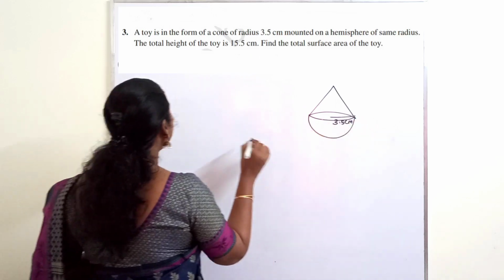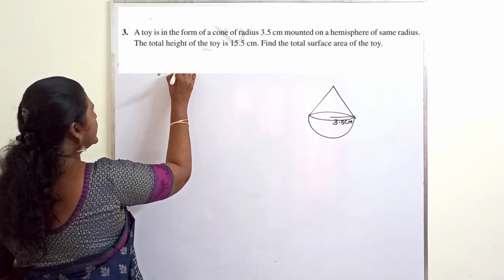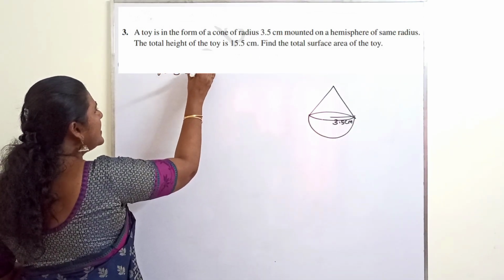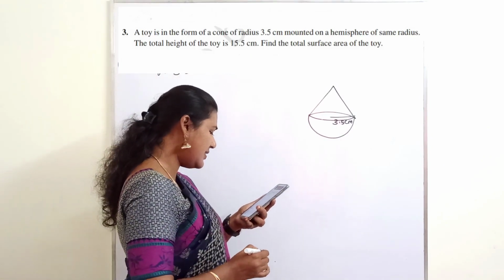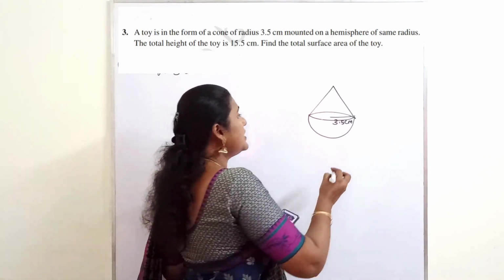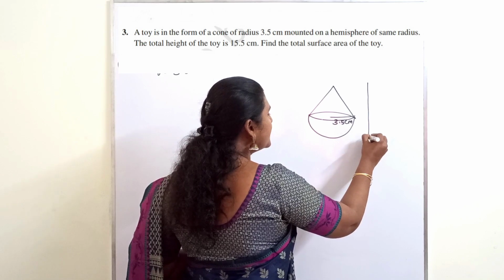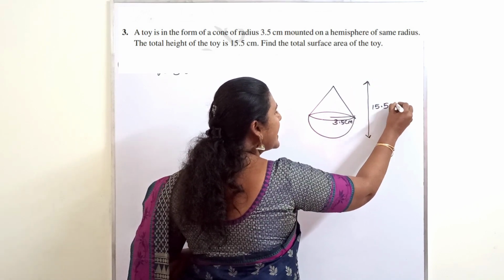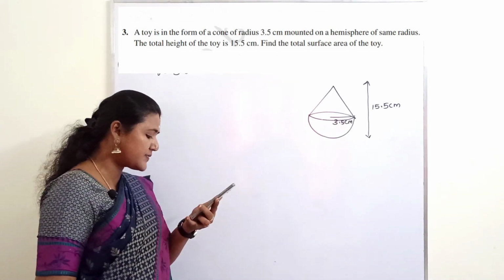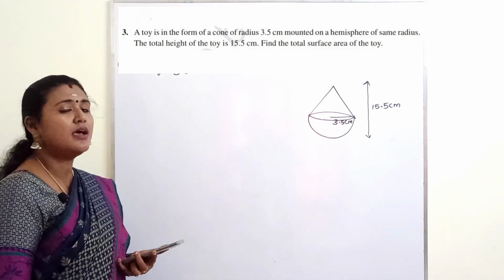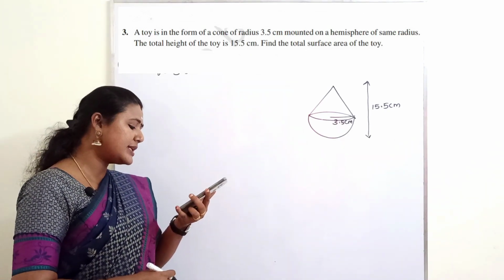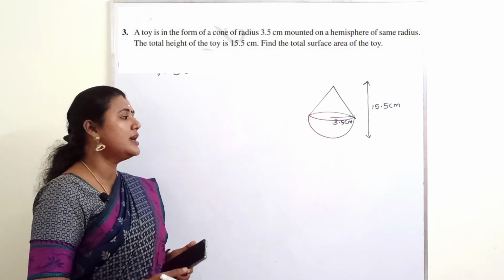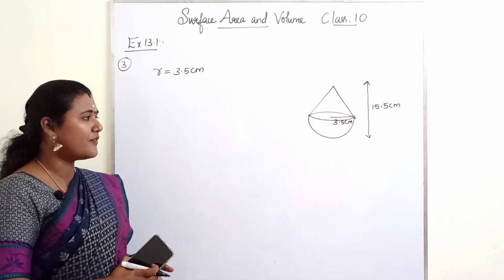So the radius of the cone and the hemisphere are same, that is given as 3.5 centimeter, and the total height of the toy is given as 15.5 centimeter. We have to find the total surface area of the toy. So we have to find the TSA of this toy.